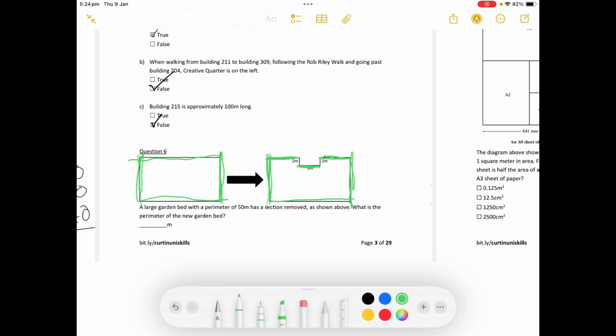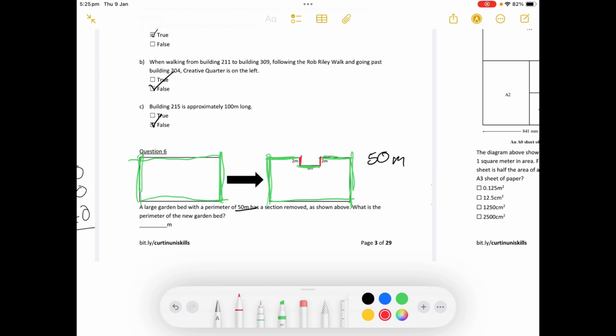Now remember that the old garden bed was 50 meters, okay? So the green lines that I've drawn here, that equals to 50 meters. I've got 2 new sections, okay? 2 new bits added to the perimeter. That's this bit and this bit, okay?